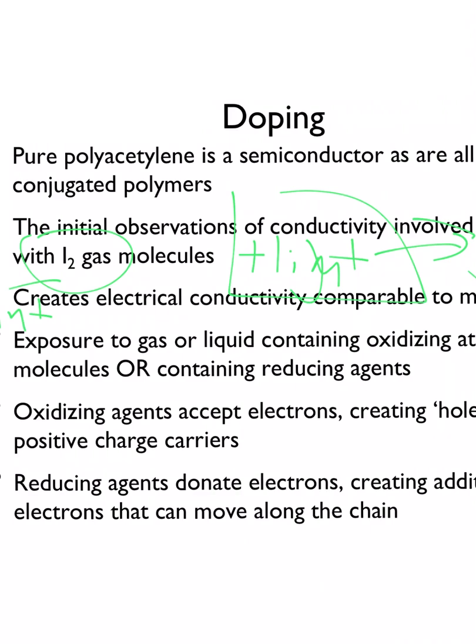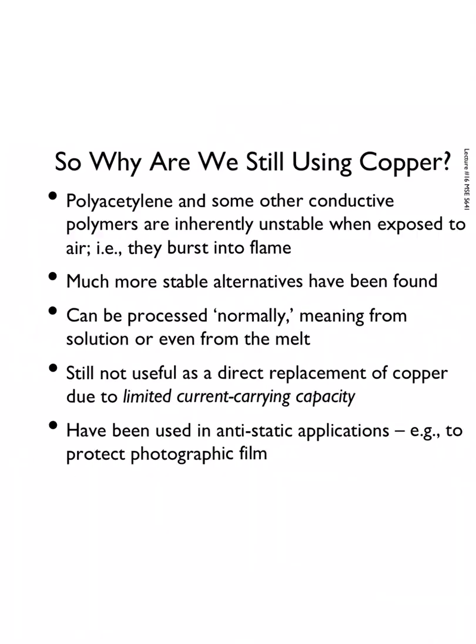So they saw this thing, they had no idea what it was, they figured it out and got the Nobel Prize. But they didn't design the experiment to discover this thing. So they just got lucky. All right, so we know oxidizing agents accept electrons, reducing ones donate electrons, and this is how flow happens in these systems. You provide the pathway and then you populate it with electrons or holes, either of which actually causes electronic motion under the influence of applied voltage.